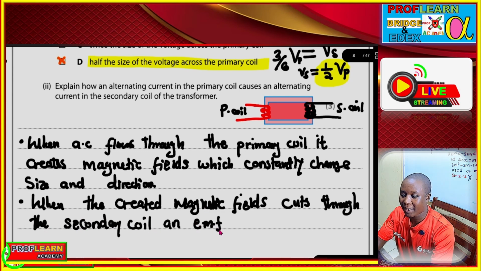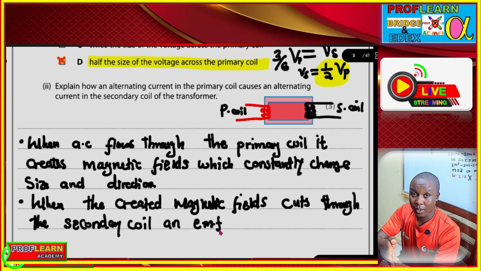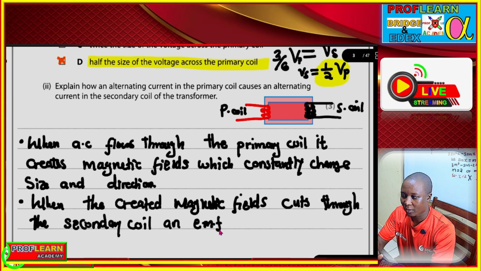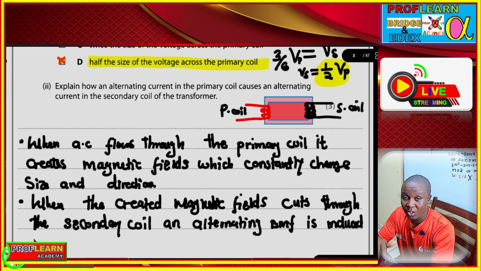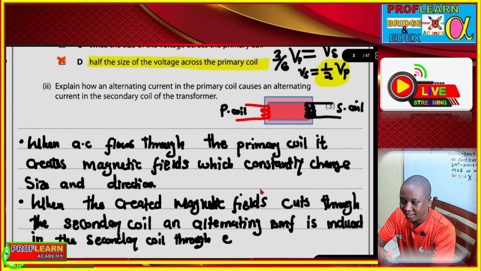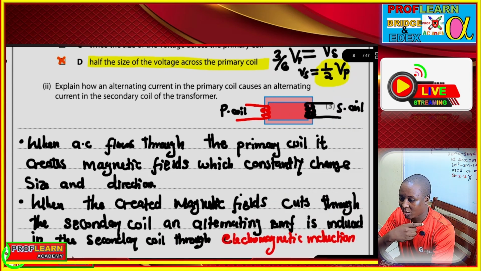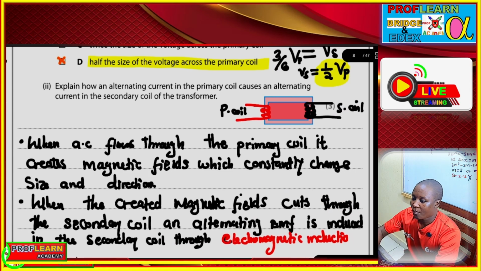Because in the primary coil we have alternating current passing through, it will create magnetic fields which are constantly changing size and direction. When these magnetic fields cut through the secondary coil, an alternating EMF is induced in the secondary coil, which is going to result in a flow of current. Basically, that's what you are going to say as far as this particular question is concerned. It is induced through electromagnetic induction.